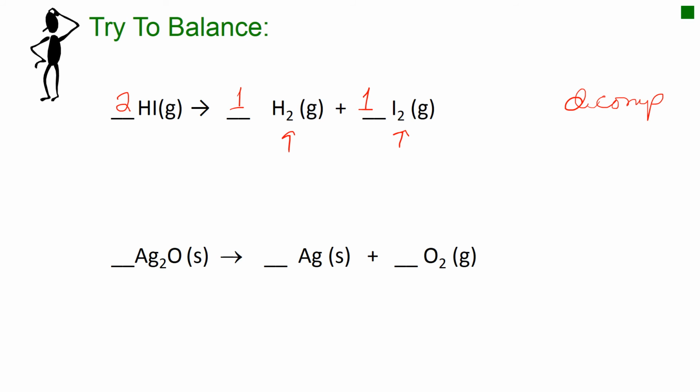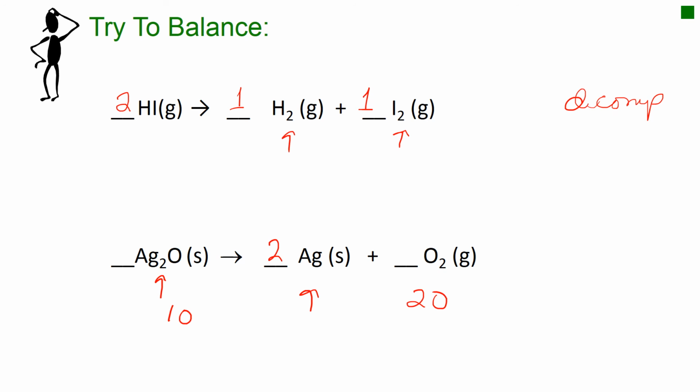Let's look at the bottom one. I have 2 silvers on the reactant side, but only 1 silver on the product side. So I'm going to put a 2 here. Seems fine until I go over and I look at my oxygens. I've got 2 oxygens here, but only 1 oxygen here.